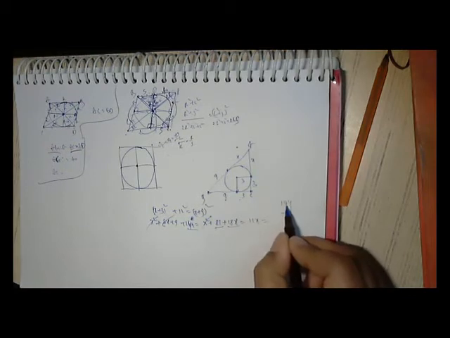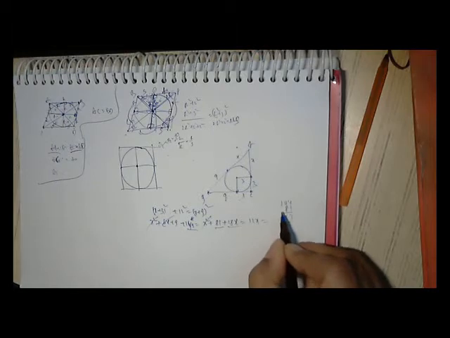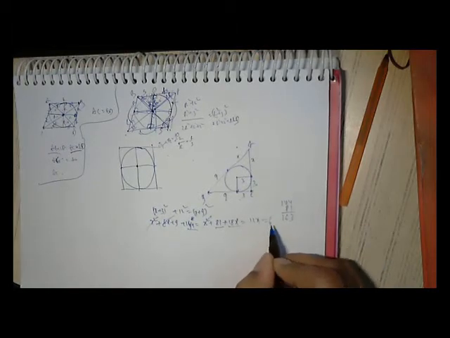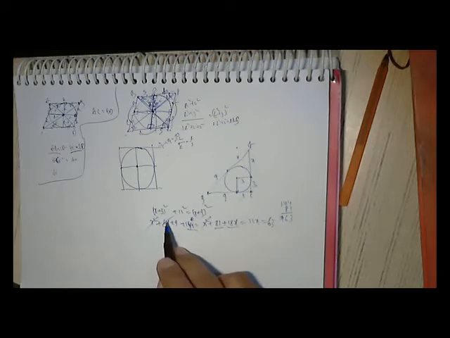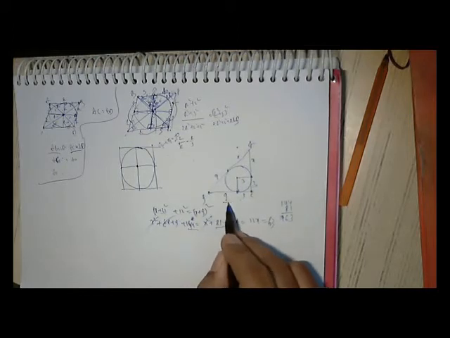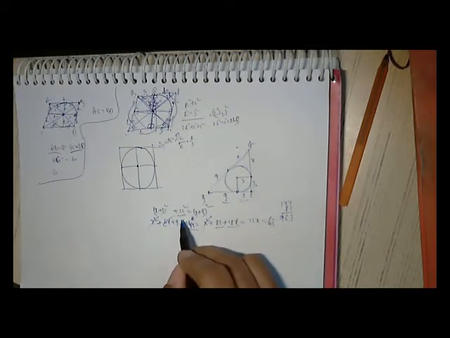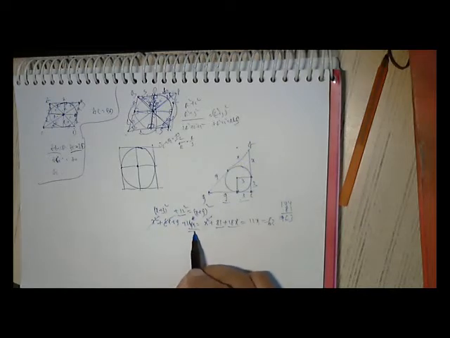63. Is there anything wrong? 9 plus 3 is 12. 144.